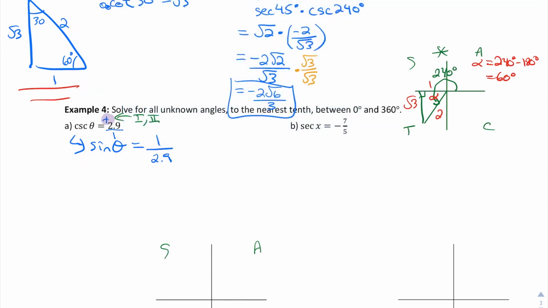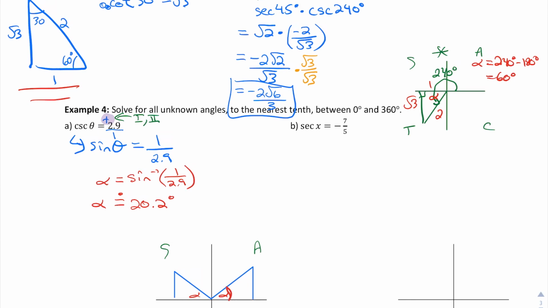So I know automatically I'm going to have two angles. One is here and the other one's here. What we need to find first, though, is alpha. So alpha is going to be just the inverse sine of this. So if I do that, alpha in my calculator will tell me 20.2 degrees. So that's actually our one answer.